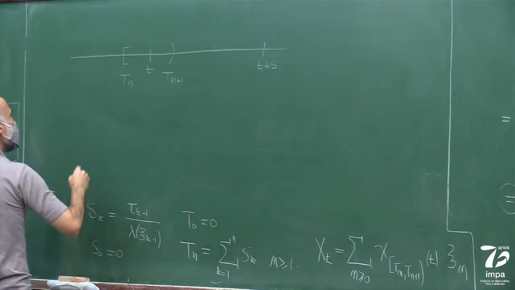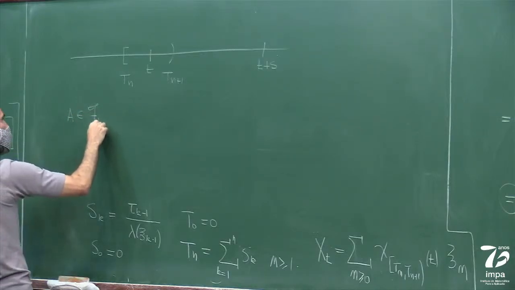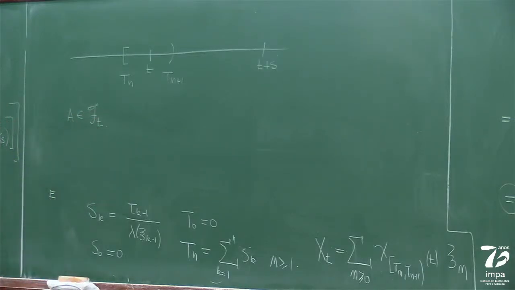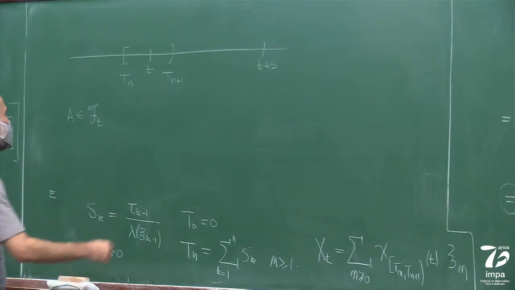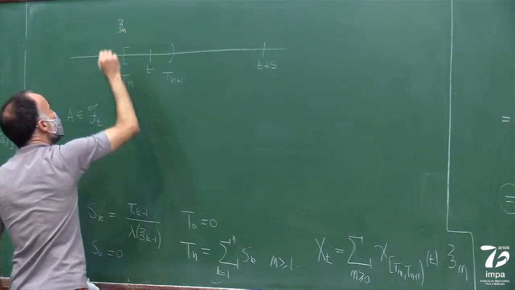Okay. So in this case, I claim that since A belongs to F_t, which means that I know A if I know X_s from 0 up to t. But if I know, so here I have psi n, right?